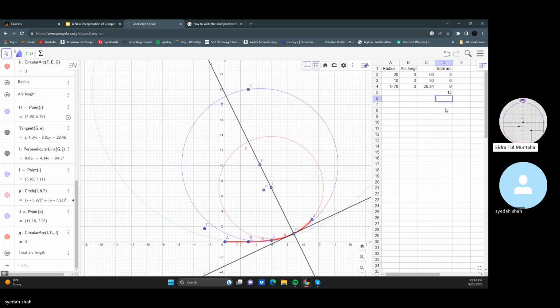The 9 was for the previous one. Yes, okay. So for the fourth circle, your arc length is still 3 because this is something which is constant and will remain constant in every circle, right? So you can write 3 in the column B also.